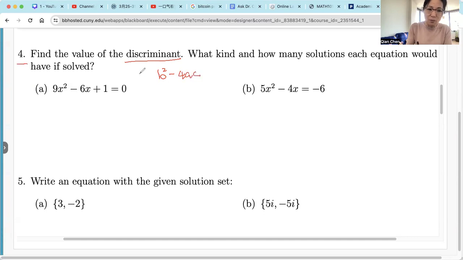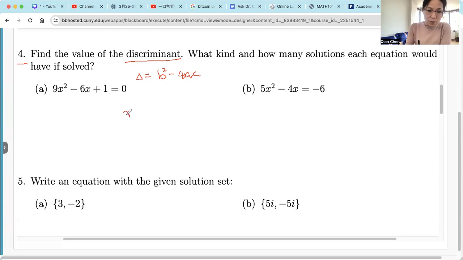We call this the discriminant. We use delta, like a little triangle, to represent it. So we want to find a value for this one, for a and for b. Then analyze what kind of value gives us 1 solution, 2 solutions, or complex solutions or irrational solutions, right?